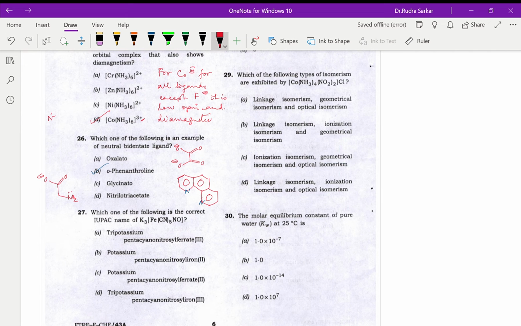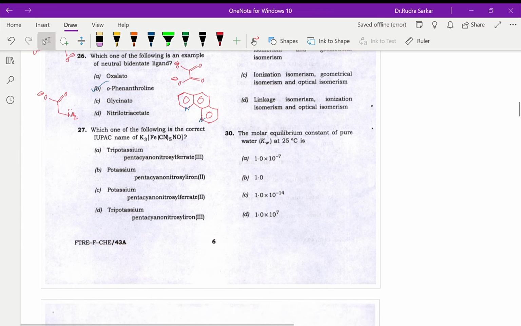It is basically this. Okay, so this is the nitrilotriacetate. So it is basically a tridentate ligand, or rather it should be said as a quadridentate ligand.